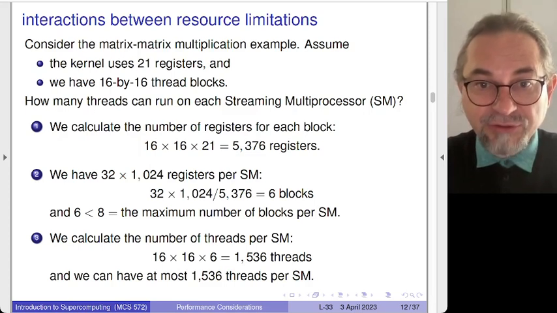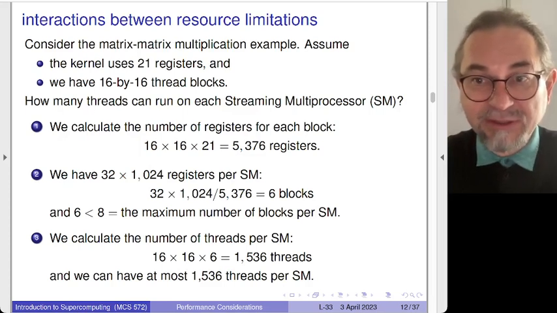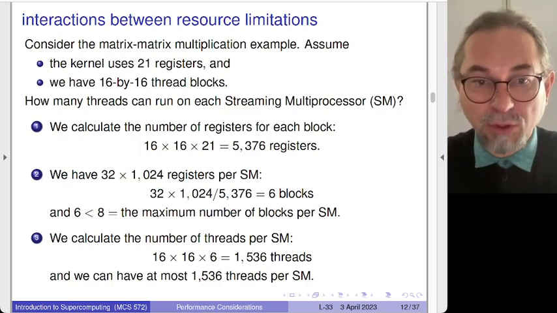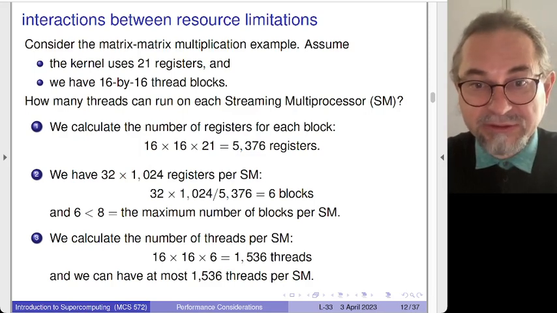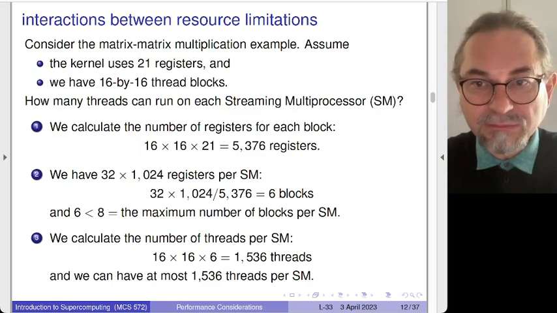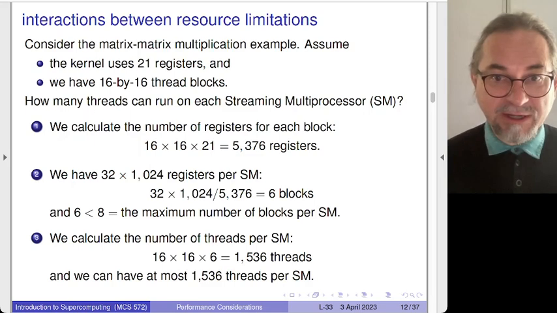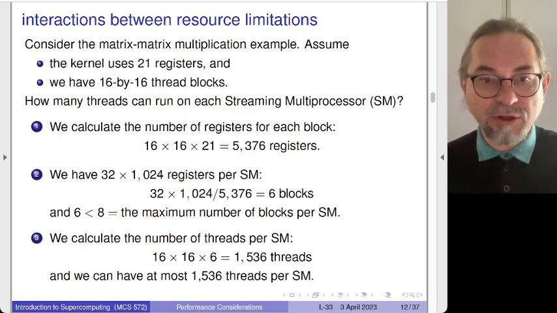And how many registers do we have in every streaming multiprocessor? We have 32,000 registers. So this implies that we can run at any given point only 6 blocks, and the streaming multiprocessor can actually hold 8. So instead of 8, we get 6. So in all the considerations that we had previously, we have to take into account the number of registers used by a kernel.